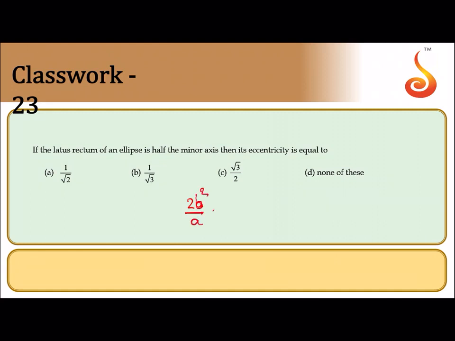Question 22. Latus rectum of ellipse is 2b square by A, which is equal to half the minor axis. Half of minor axis is b. So what happens? 2 and 2 will cancel. B square is equal to A square times 1 minus E square.